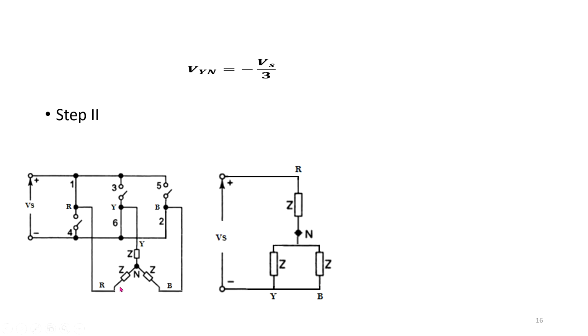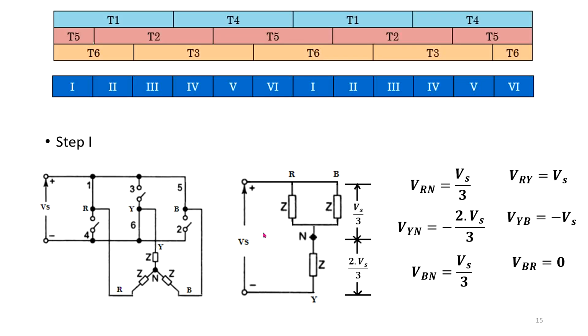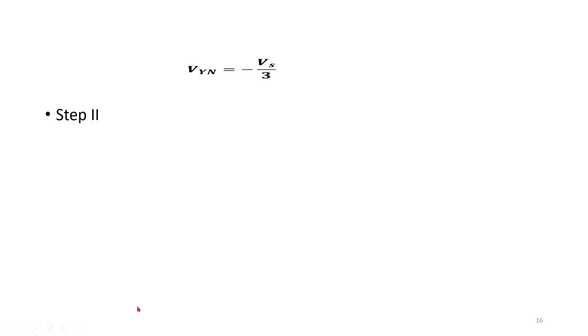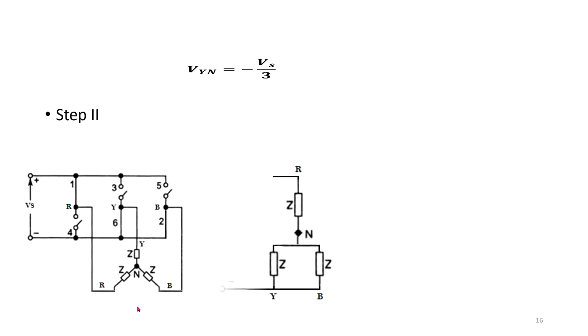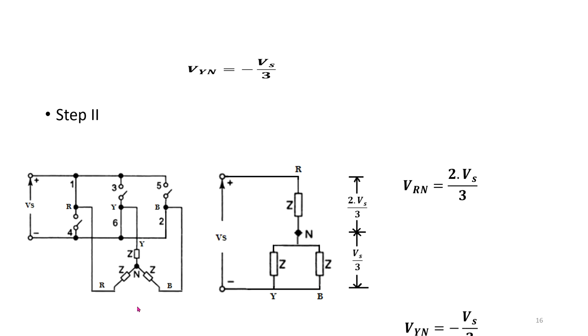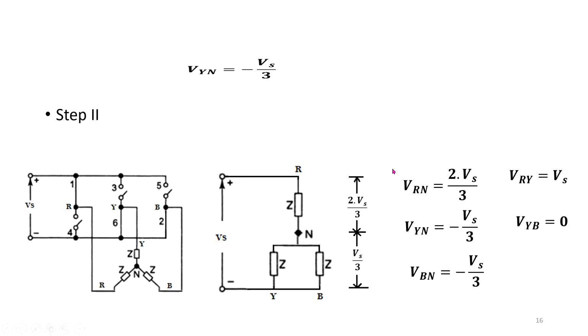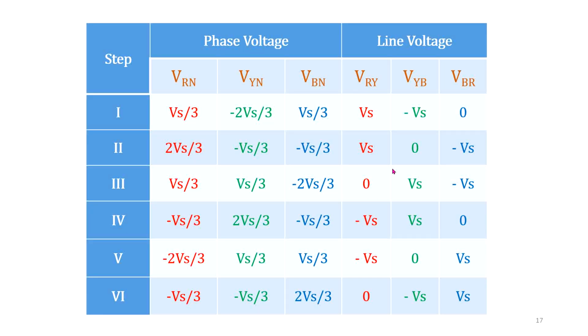Similar is the case in the previous slide. This is also taken in the clockwise sequence, RY, YB and BR. You just need to be careful about this very simple point. These are your phase voltages and these are your line voltages. The principle is the same.